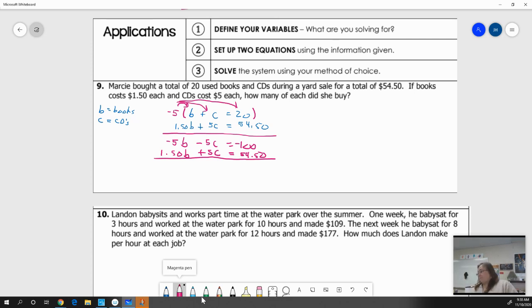So 1.50 minus 5, or however you want to look at that, 1.50 minus 5 is what? Negative 3.50, right?